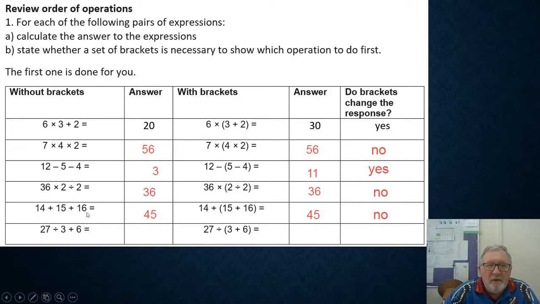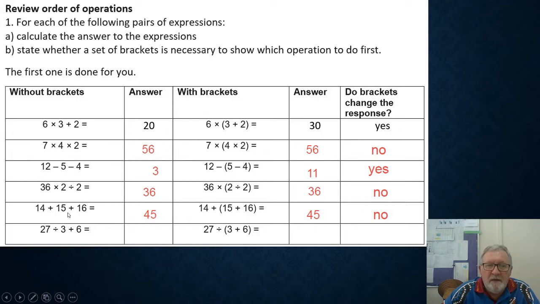When there are 3 numbers, and those 3 numbers are in order, we call them consecutive numbers. 14, 15, 16 is 3 consecutive numbers. Now, what you might notice is 3 lots of 15 is 45.